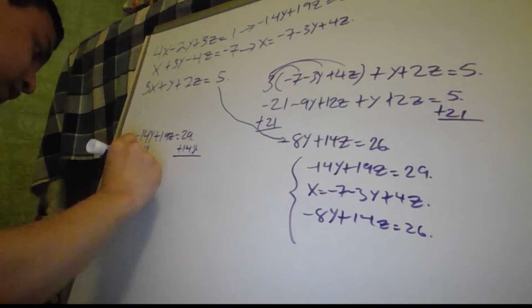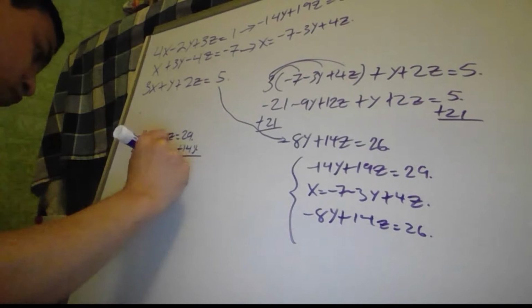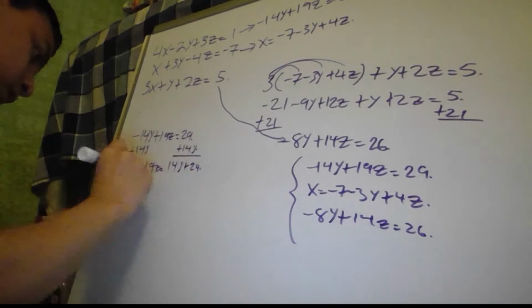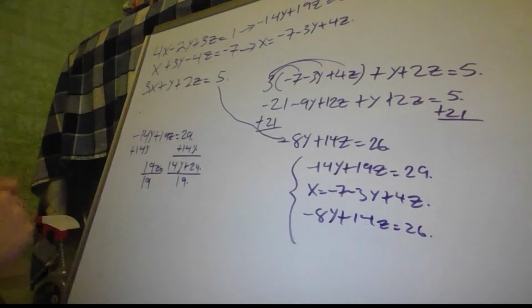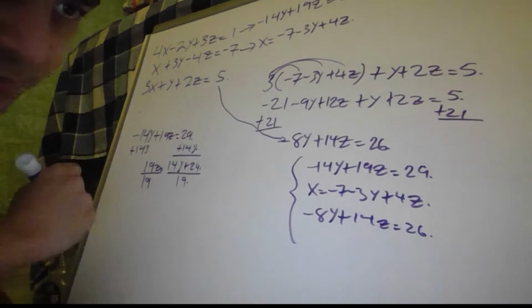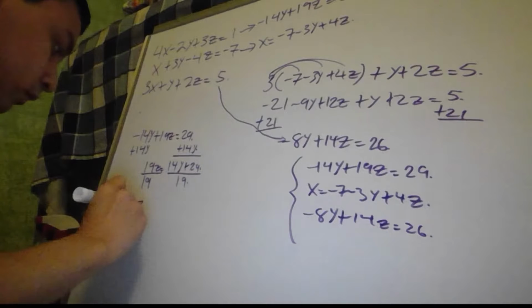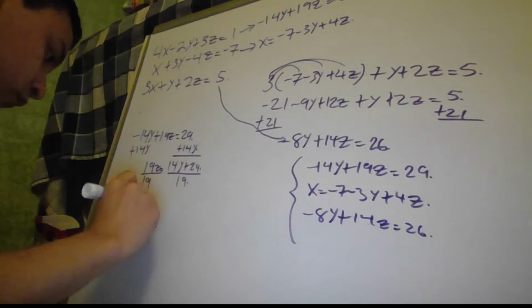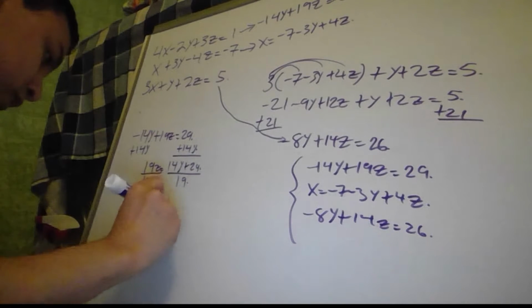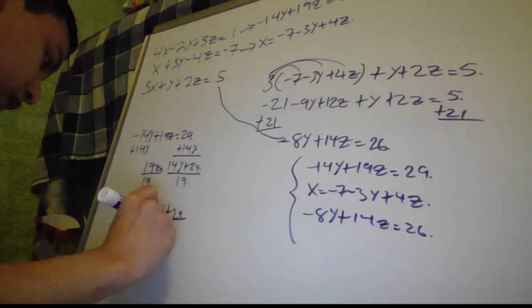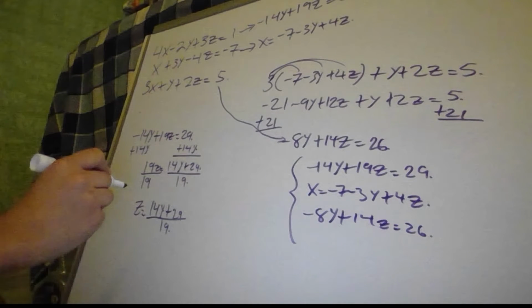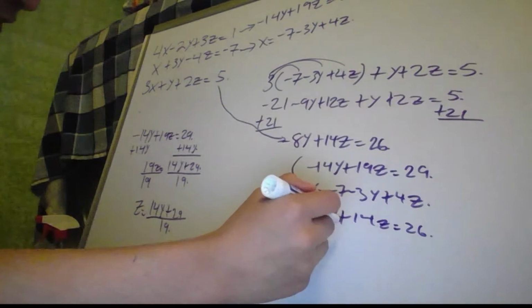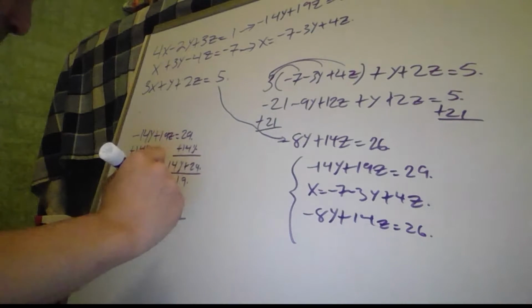So then we have 19z equals 14y plus 29, right? z equals 14y plus 29 all over 19. So then plug this into the other equation that says negative 8y plus 14z, right?